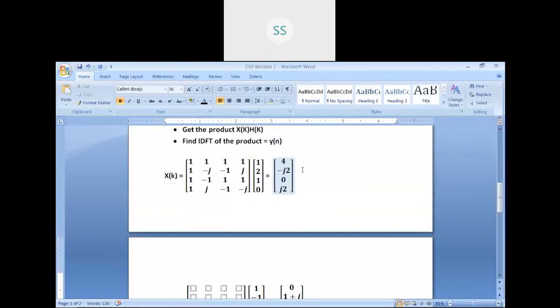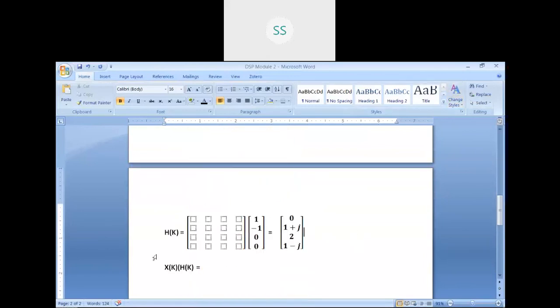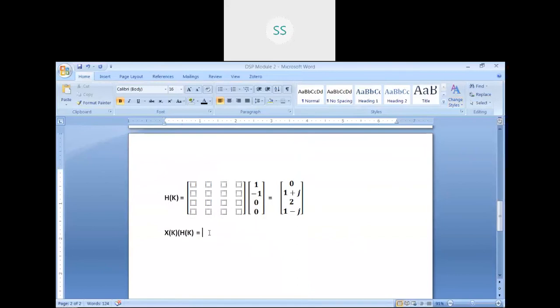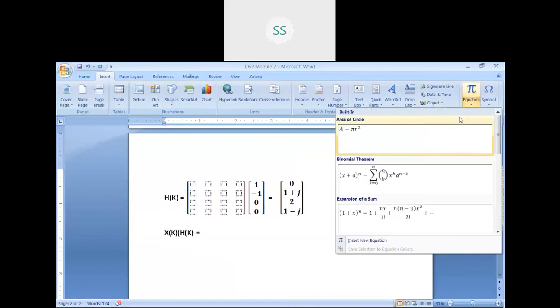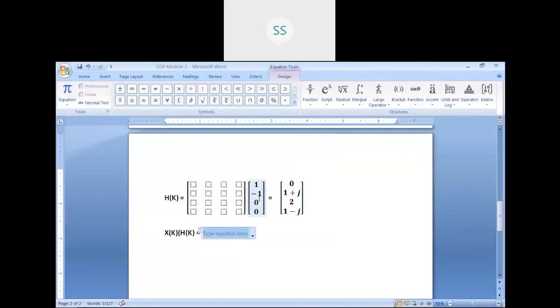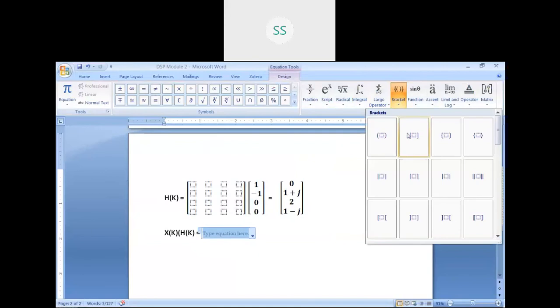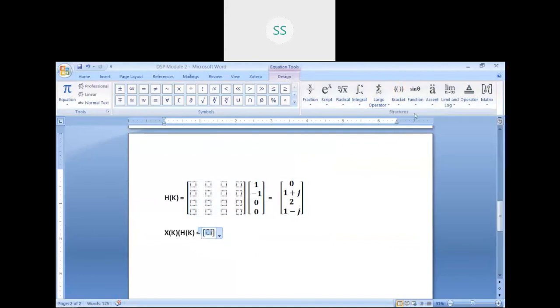So you note down 4, minus j2, 0, j2 for X of k. H of k is this. So now you take the product. So tell me the product now.